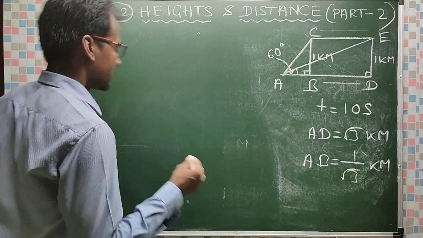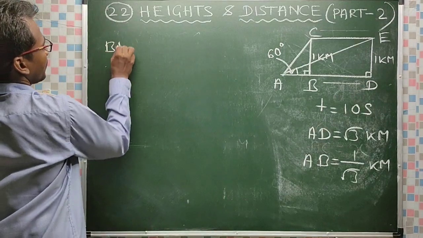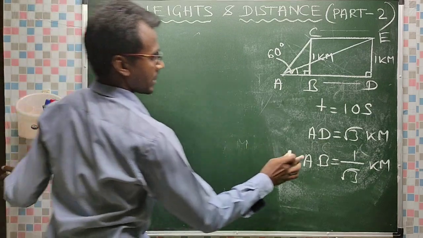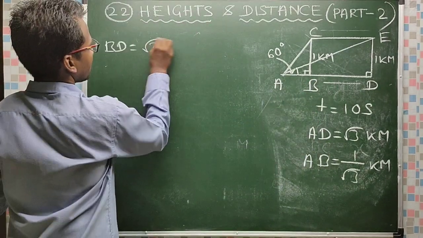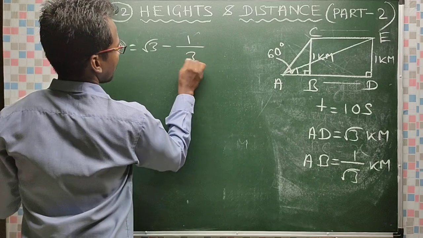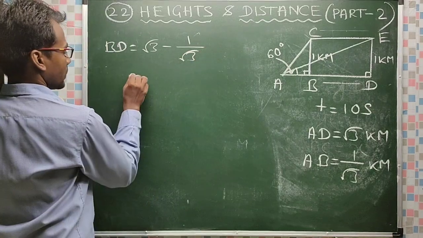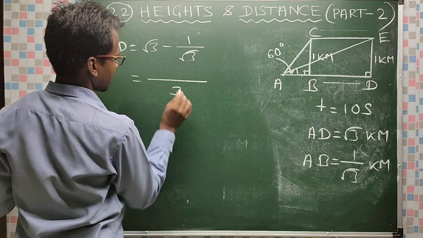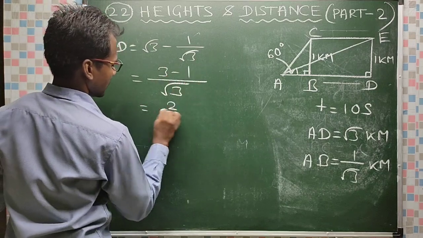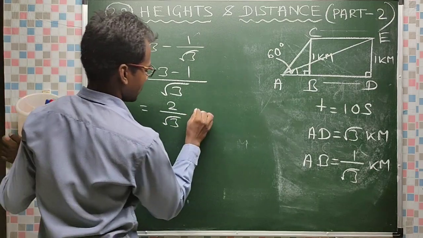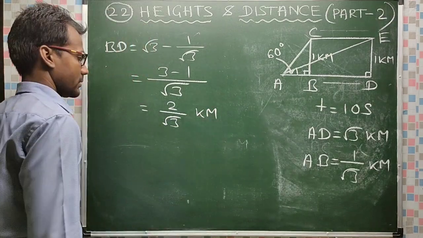So now you have to find BD. BD is equal to AD minus AB. AD minus AB means root 3 minus 1 by root 3 kilometers. Okay. On taking LCM, 3 minus 1, 2 by root 3 kilometers.